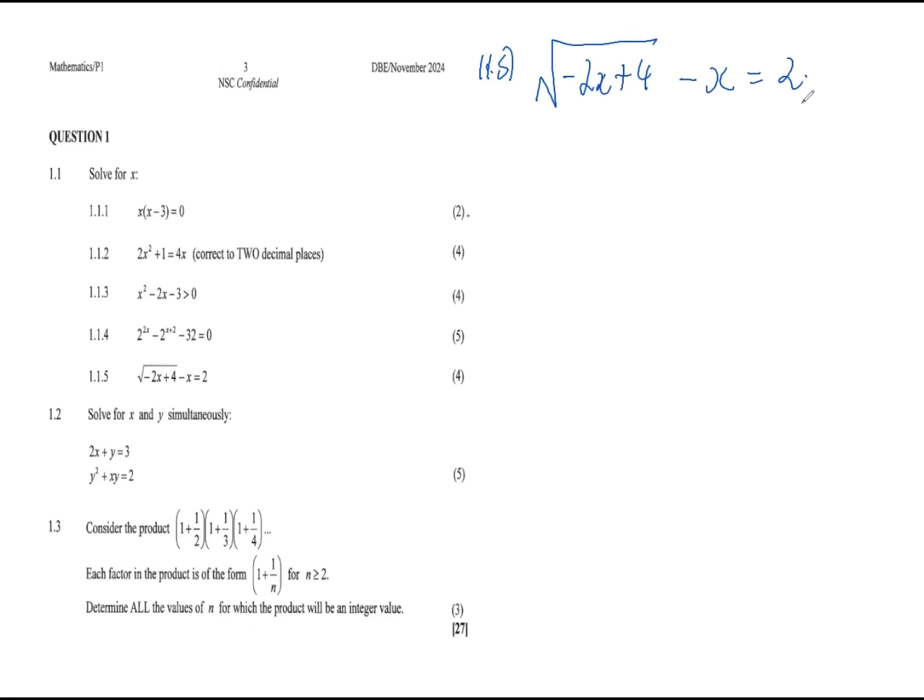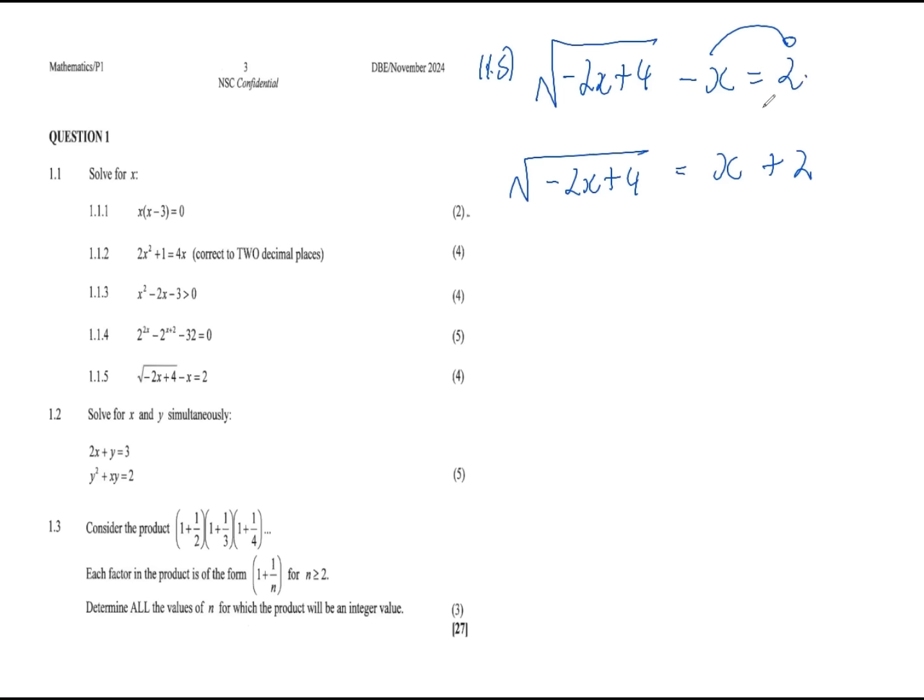So the first thing that we are going to do here, we know with this kind of questions, we should always isolate the root, right? So we don't want anything in front or after the root, right? We just want an equal sign. So the first thing that we are going to do is take this over to that side. So we want to have the square root of negative 2x plus 4 is equal to x plus 2. So this negative x will become positive x.